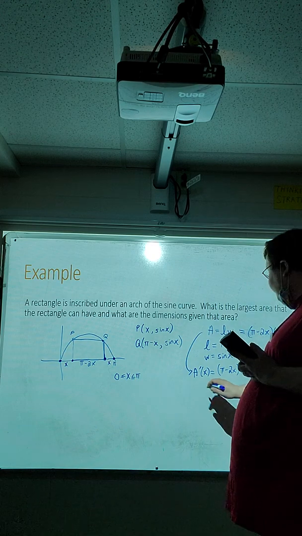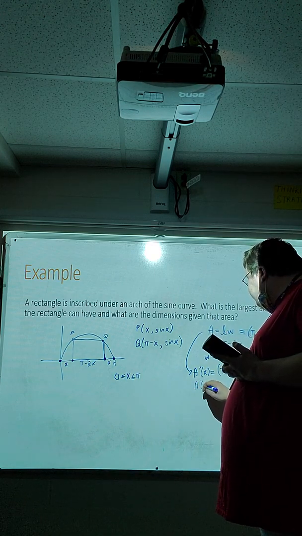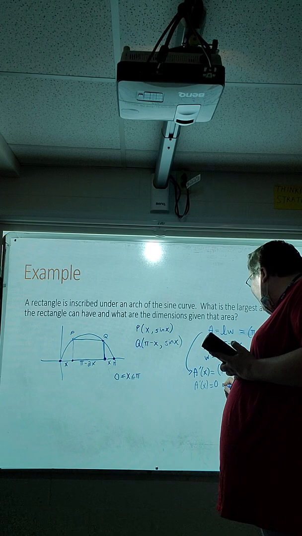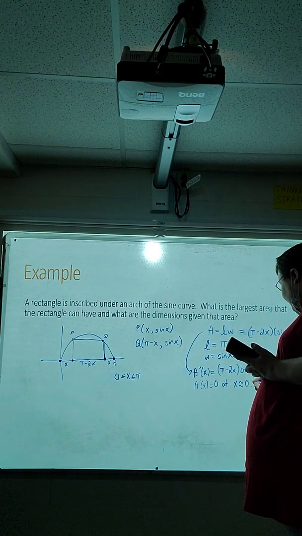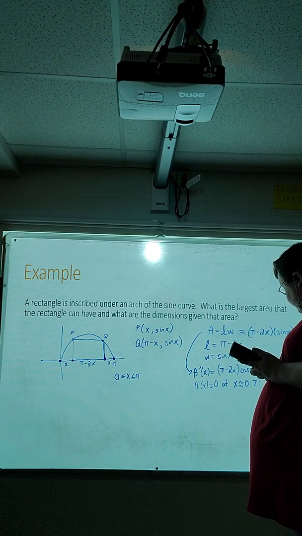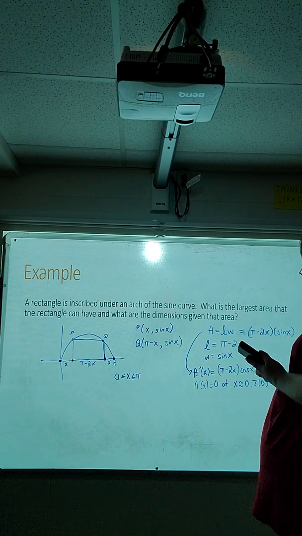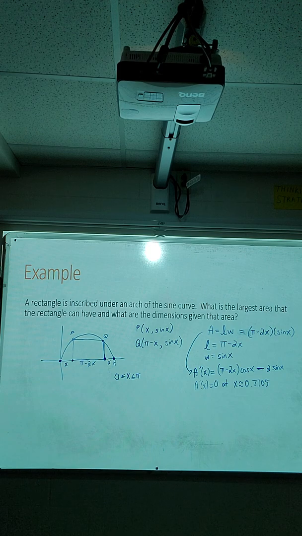You get your first potential answer. A prime of x equals 0 at x is approximately 0.7105. I'm just going to round to 4 decimal places. We got to do another one because there's one more that's really close there. Do a left bound now of pi divided by 2 and a right bound of pi.